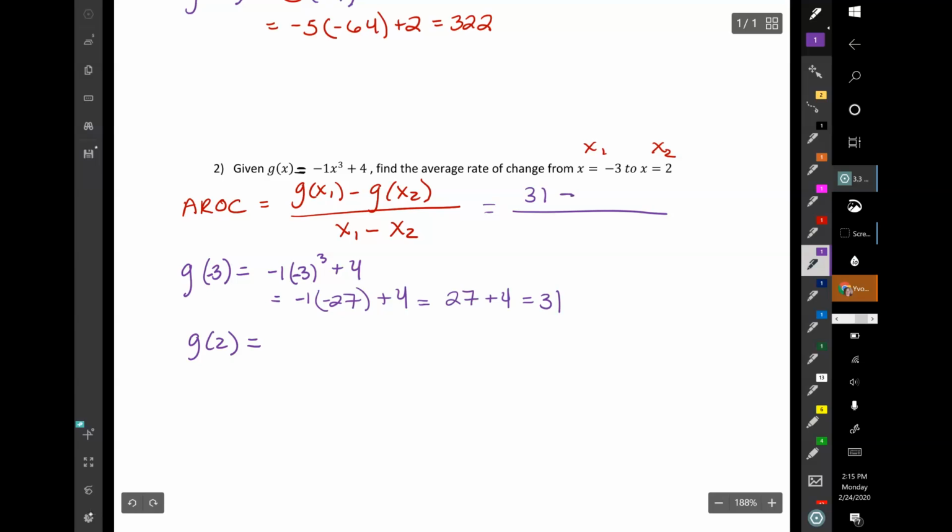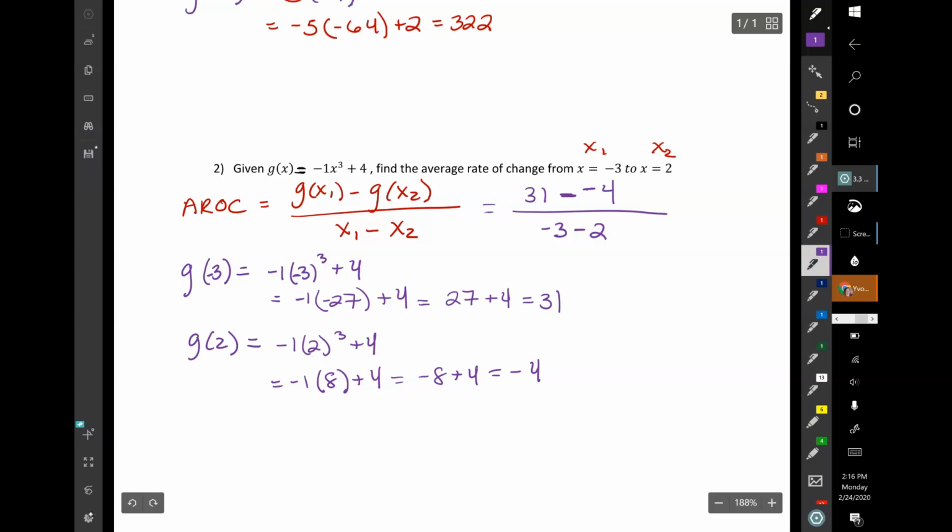Then figure out g of 2, which is going to be negative 1 times 2 cubed plus 4. That will equate to negative 1 times 8 plus 4, which is negative 8 plus 4, which is negative 4. Put that up here, so I'm subtracting negative 4, all divided by negative 3 minus 2.